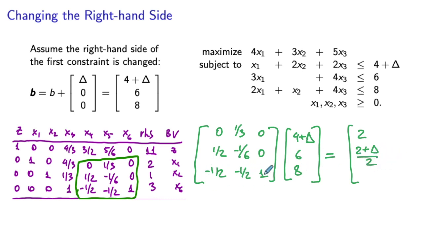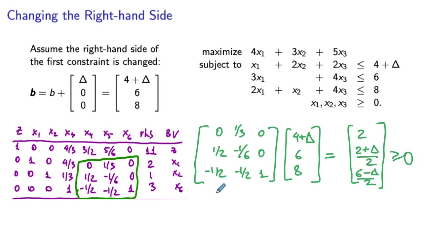And finally multiplying the bottom row by the same column, we obtain minus (4 plus delta)/2 minus 3 plus 8, so (6 minus delta)/2. This vector needs to be greater than or equal to 0 in order for the previously optimal basis to remain feasible and as a result optimal.